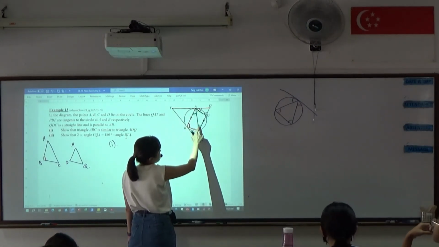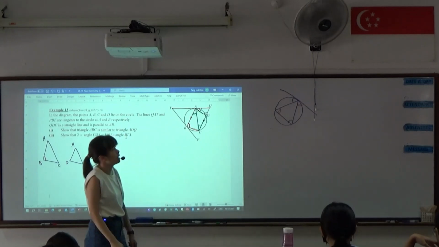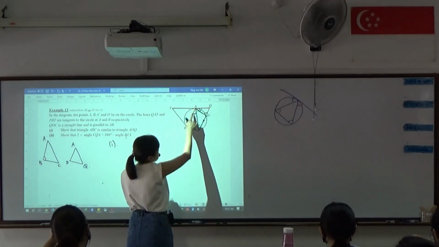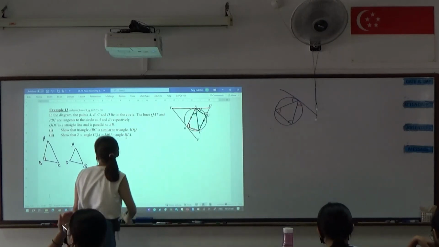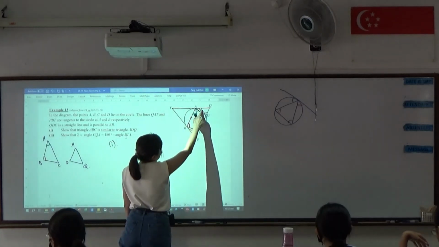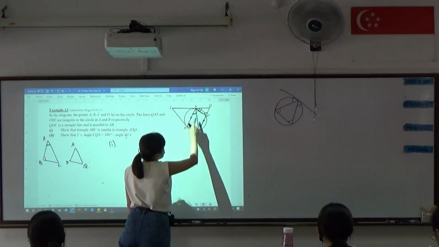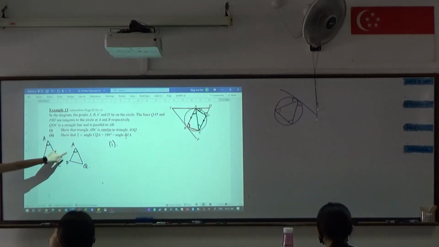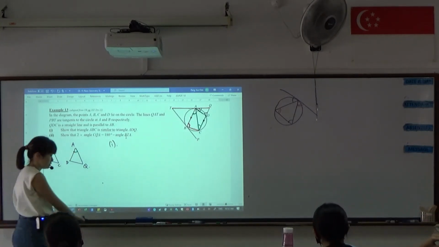This being alternate segment theorem, this being alternate angles, parallel lines. So this angle falls in the triangle that we are looking for, which is at A, this one here. And this other one falls in the other triangle, which is also at A, which is this one over here. So at least we can tell that these two angles are equal.